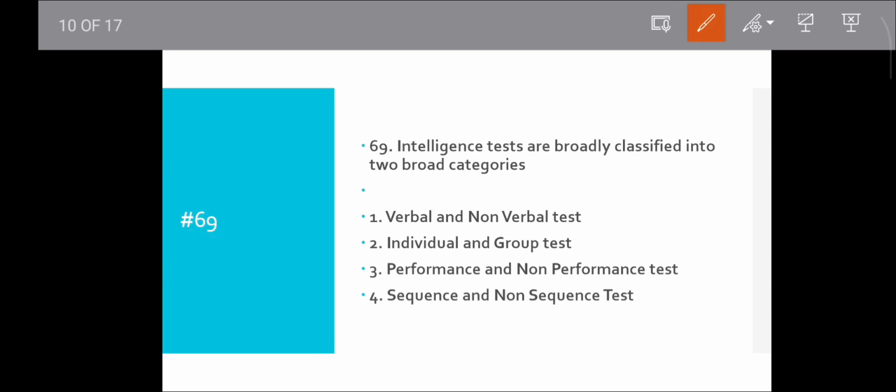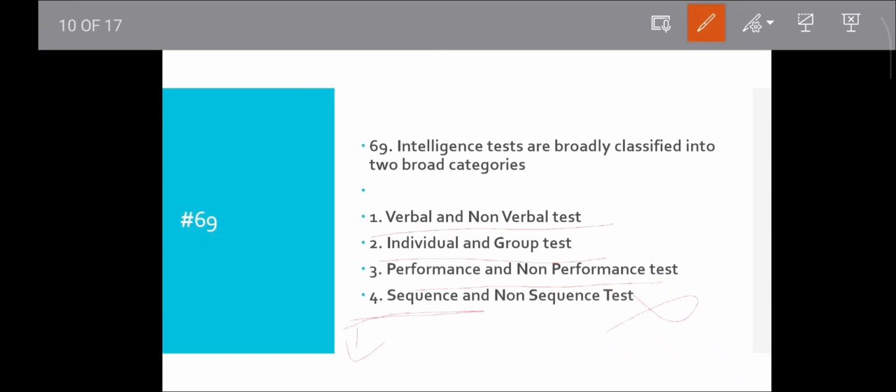Which one? Individual and group test. Verbal and non-verbal test, also individual and group test, performance and non-performance test, obviously sequence and non-sequence. So here something is missing.